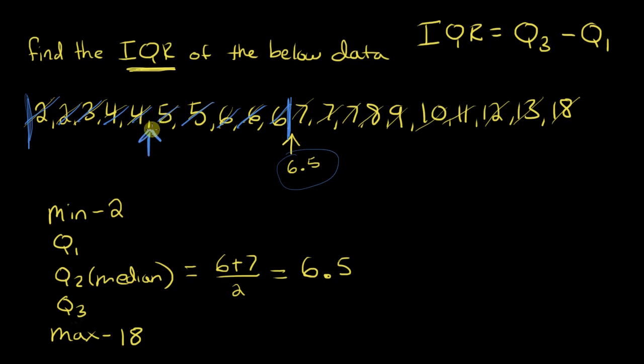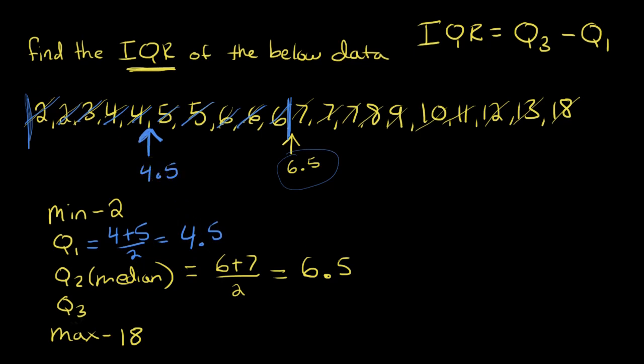Okay, it happened again. It's directly between 4 and 5. That's going to happen every time you have a data set that has a number of observations divisible by 4. It's always going to be directly between two numbers like that. So 20 is evenly divisible by 4, and that's why you're seeing that happen. No problem. Let's just average 4 and 5: 4.5. So it's right here at 4.5.